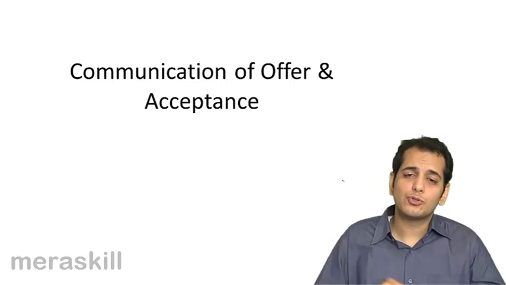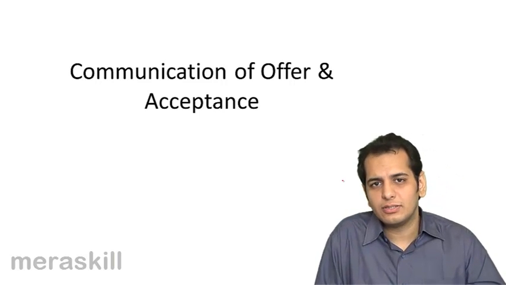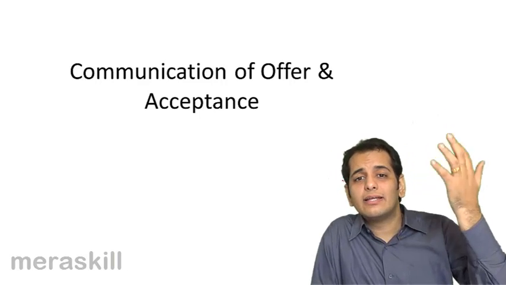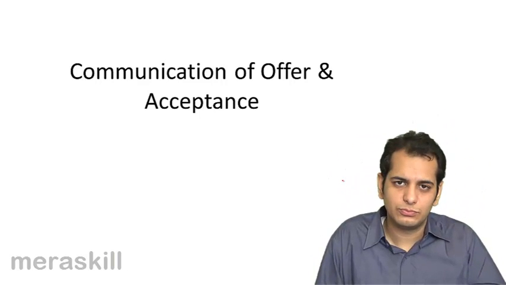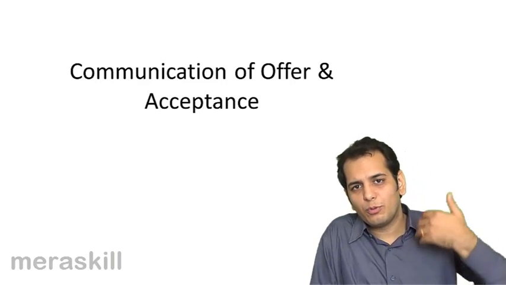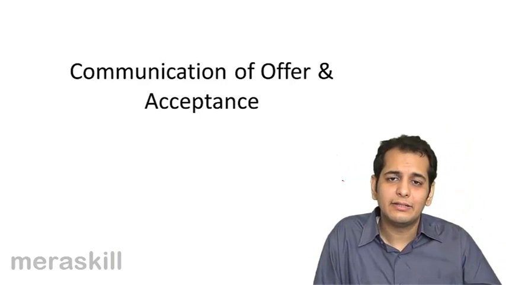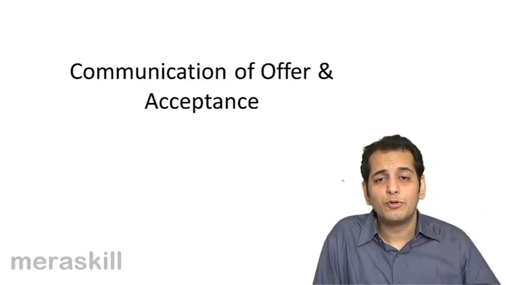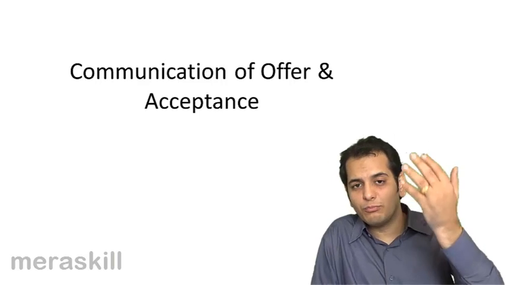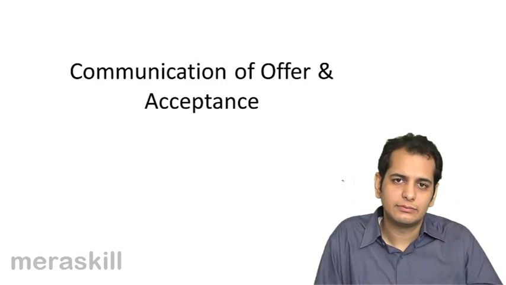So people used to write to each other, and it used to take days to get the communication through. If I am in Mumbai today and I want to write to a person in Delhi, in those times it would possibly take me 1 month to get my letter from Mumbai to Delhi.